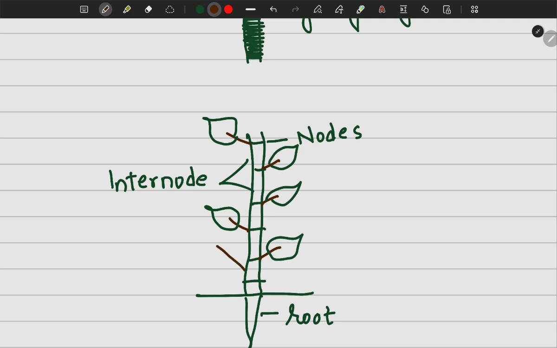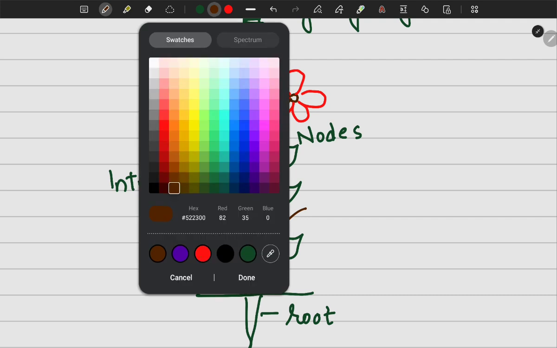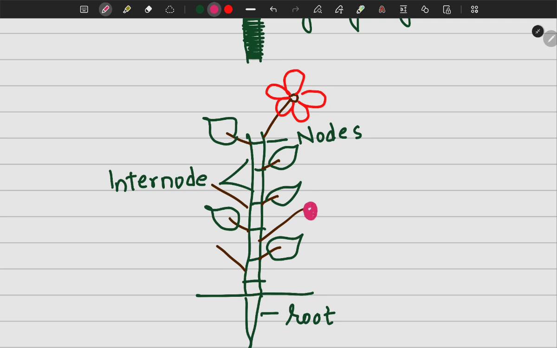Then the stem may bear branches. The stem can have flowers. It can also have fruits. Suppose this is a fruit. So these are the main functions of the stem: to bear branches, flowers, fruits and leaves. Besides that, there are certain other modifications of the stem which carry out different functions also. So we will study about that in the next lecture.